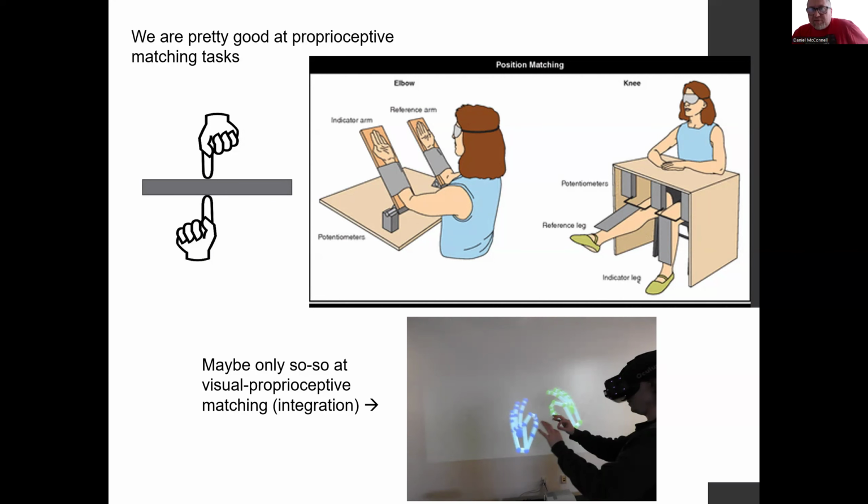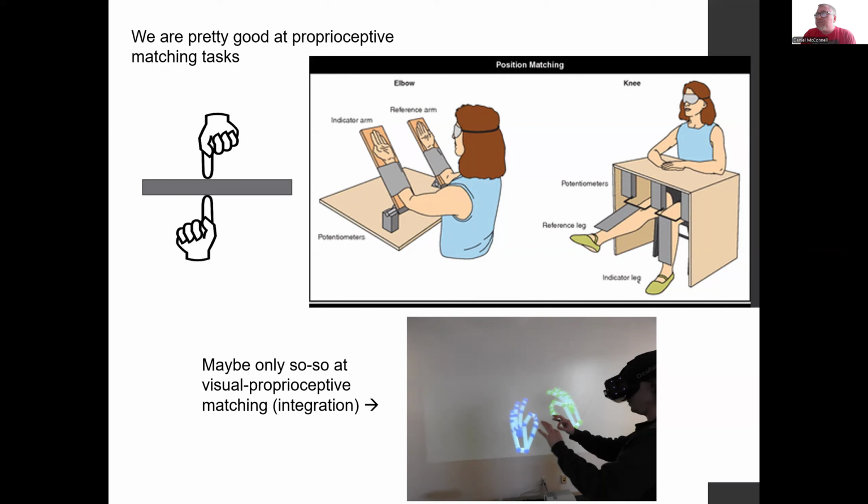So as noted, we need to use proprioception to perceive the orientation of our limbs. And one thing that we learned from studying proprioception is that people are actually really good at this, right? So when we think about human capabilities, here's something that people are good at.